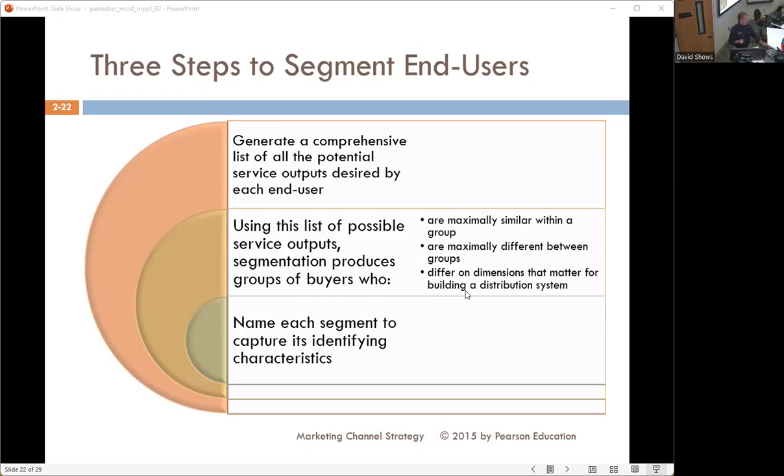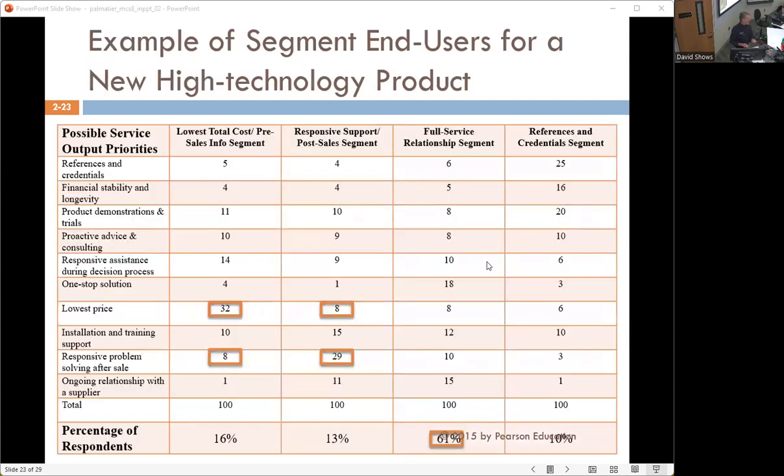So apparently Palmentier partnered with CDW with a lot of this stuff. So this is an actual survey that was sent out to end users for a new high technology product. And what we have here is four unique groups. They sent out those questions and had them fill out a constant sum scale.